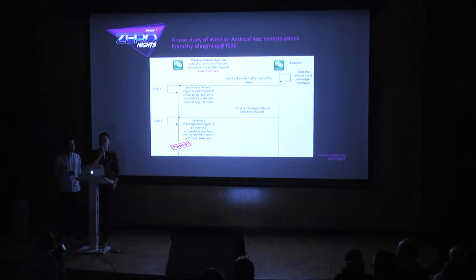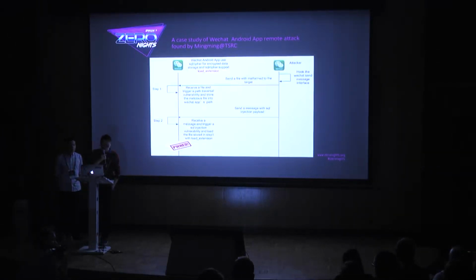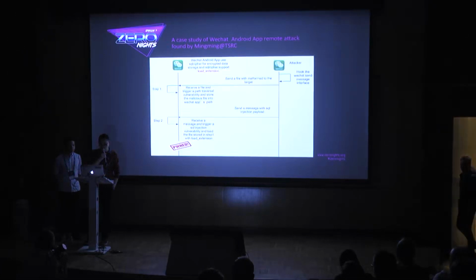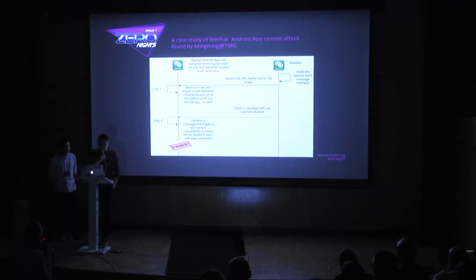In step two, the attacker will send a message with an SQL injection payload. Then the victim will receive the message and trigger the SQL injection vulnerability and load the file stored in step one with load extension. So you will connect a remote shell to the attacker.